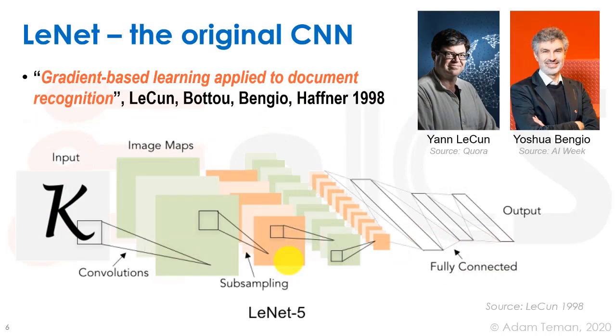This was actually introduced by Yann LeCun and Yoshua Bengio, 2 of the 3 guys, along with Geoffrey Hinton, that were awarded the Turing Award for their work in artificial intelligence last year. They introduced a network called LeNet. This is the original convolutional neural network, in a paper called Gradient-Based Learning Applied to Document Recognition. This was already done in 1998, a long time before AlexNet came out.